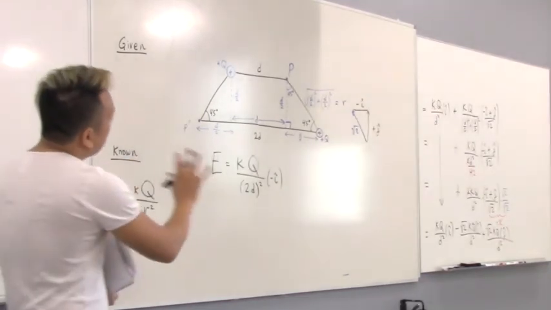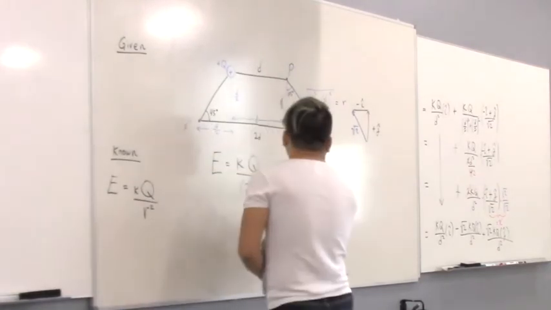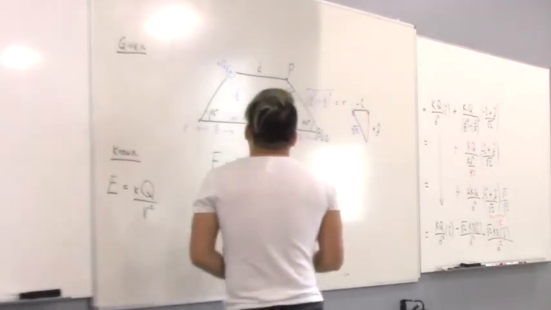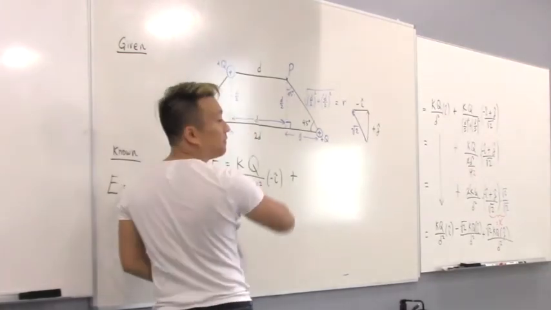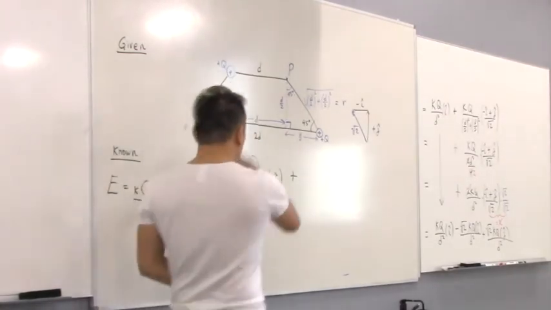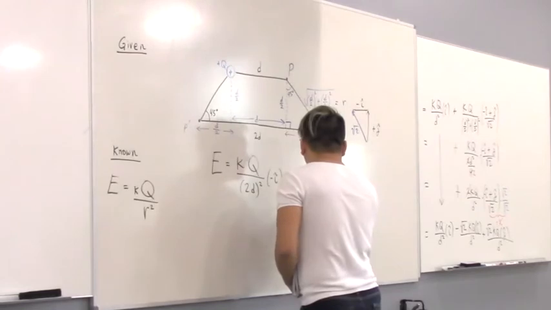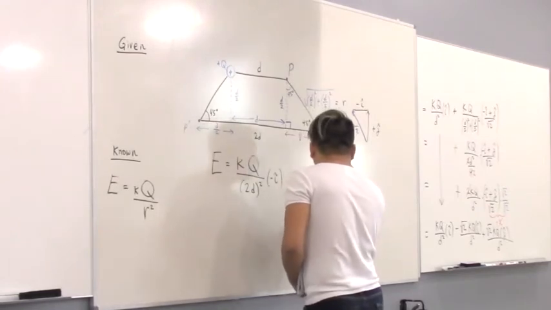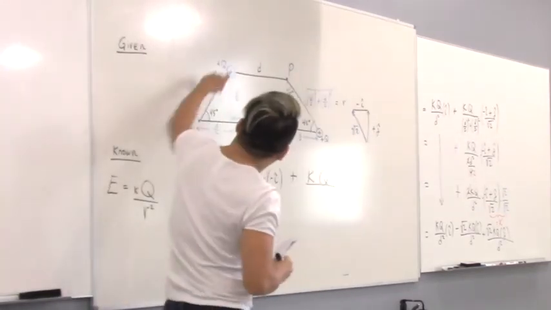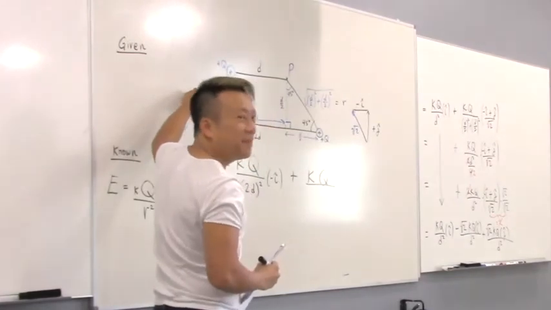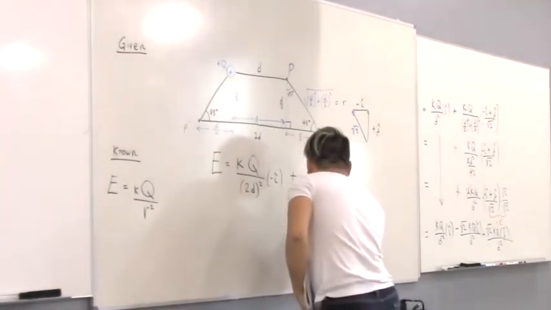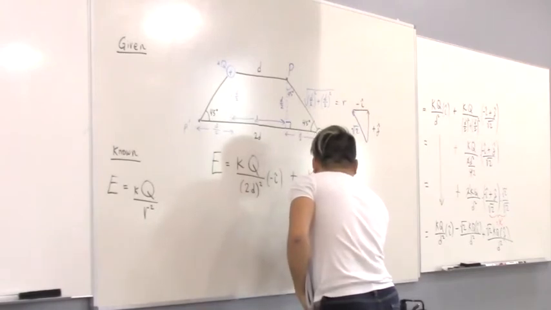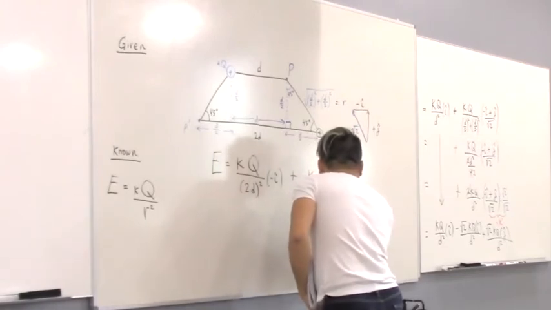Okay, now the same way, we're going to add to this the contribution to the electric field from this top left charge. And it's going to be kQ again, right? But what's the distance? Well, it's the same thing, the same distance: (d over 2) squared.